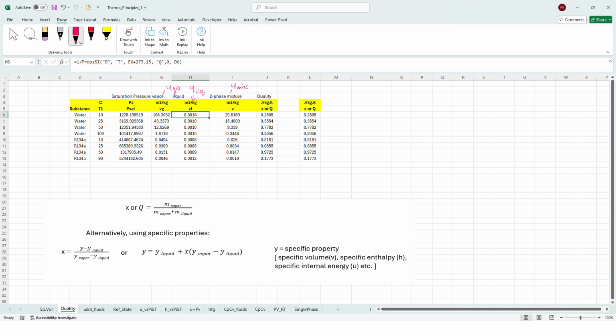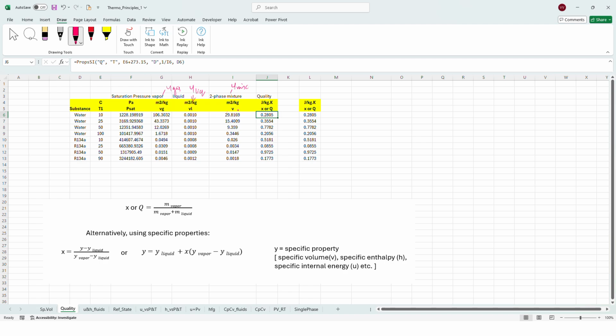This is the minimum volume you can have when it's fully liquid, and anything in between means it's a mixture. Okay, so if you put some value in here, what is the corresponding Q value? So you can calculate that using the PropsSI function. So for a given temperature and the Y value, you can calculate another property, which is Q.